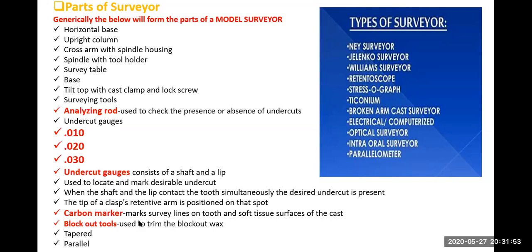Then we have the carbon marker. The carbon marker is what you use to define the survey line. Once you discover where the most bulbous area is, the carbon marker will help you to make the mark there and be able to know that this is the most bulbous area. And from that point, you can now discover the undercut and non-undercut area.